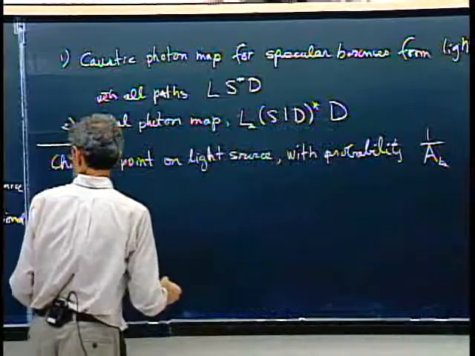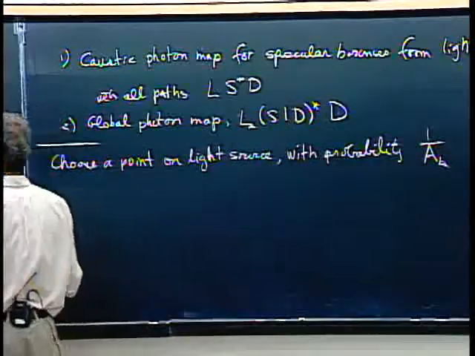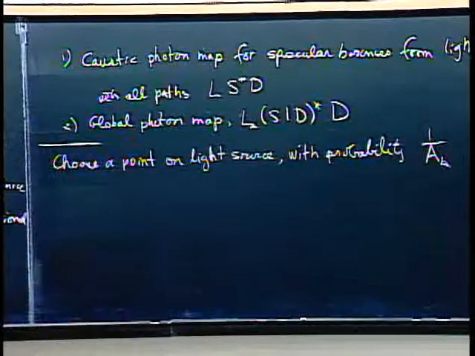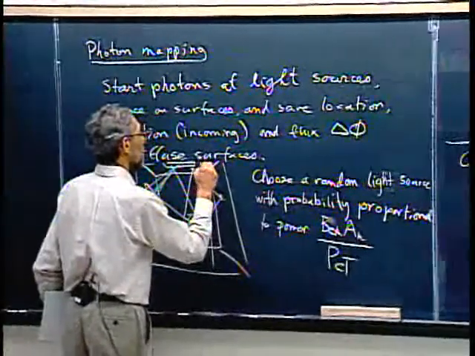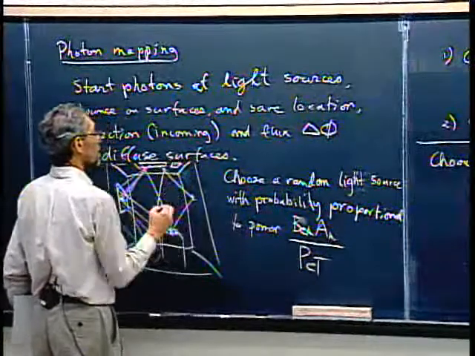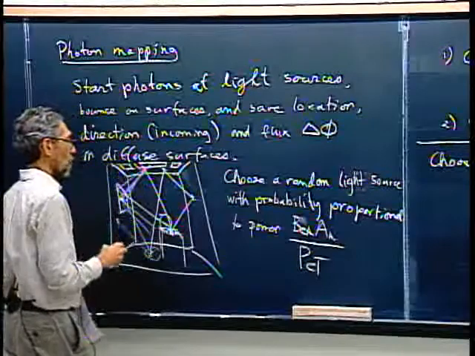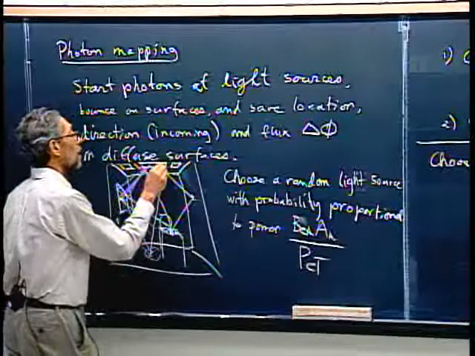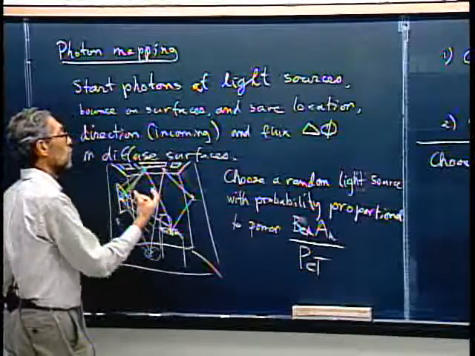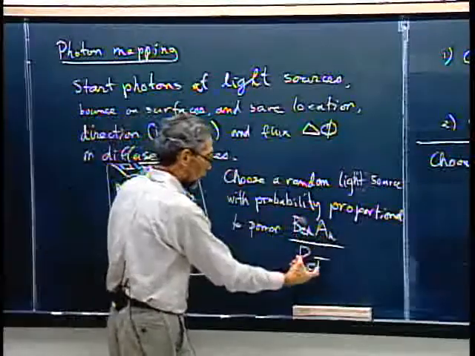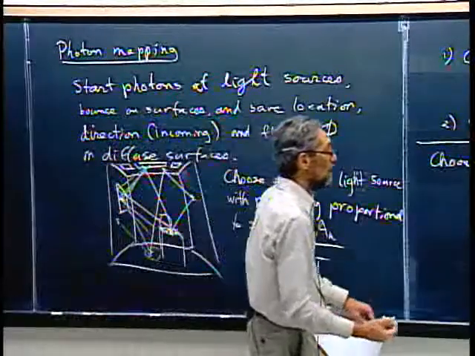So if we ask what's the probability of, maybe there's another light source up here somewhere, two smaller ones and a bigger one. What's the probability of getting a light source point on this light source? We'd have to multiply this by 1 over that.